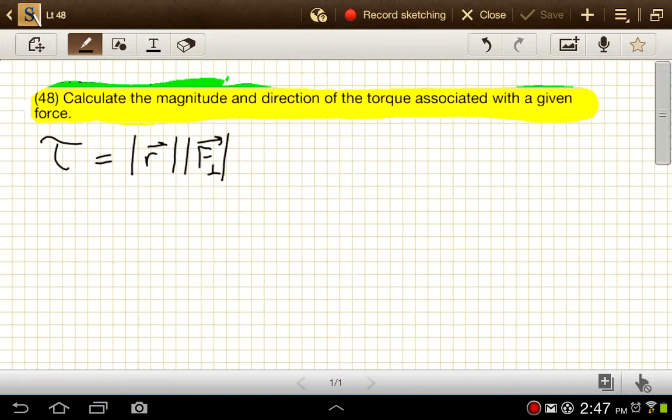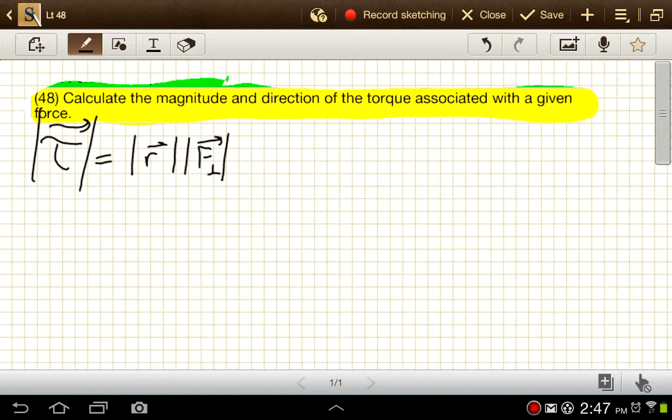The magnitude for the torque, and that's what these little absolute value looking lines mean, just the magnitude of a force, so no direction information, is just going to be the r vector, that's the position vector of the force, and that's compared to some point where an object pivots about.